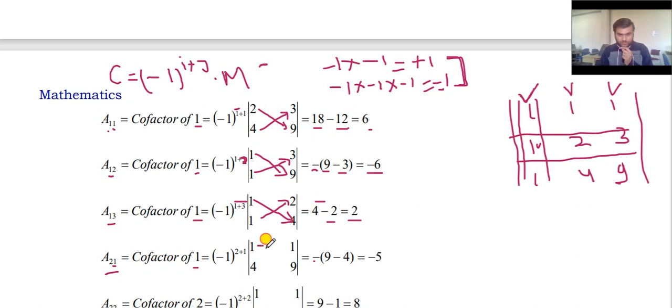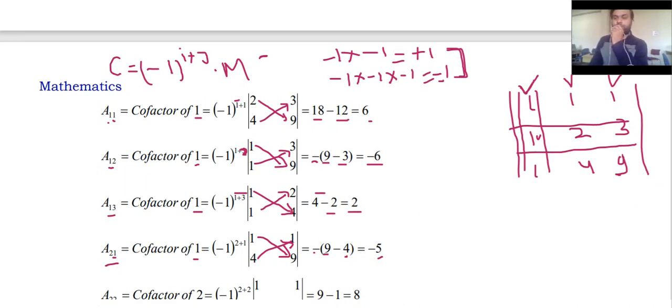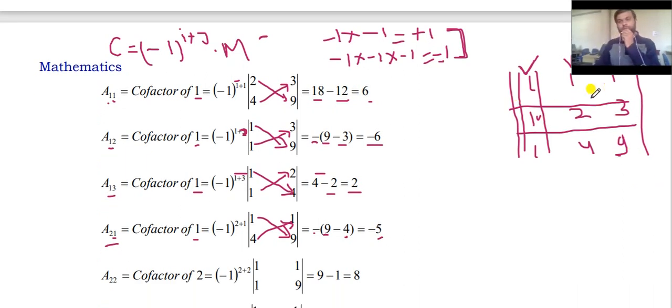So we have to cross multiply it. 1 multiplied by 9 is 9, and 4 multiplied by 1 is 4. 9 minus 4 is 5, and 5 multiplied by the minus is minus 5. Like this way we can find the cofactors of each element of the second row and the third row.